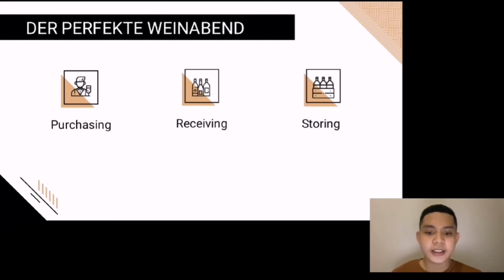Receiving. The receiving process entails matching the products ordered with those delivered. It also means ensuring that the products have arrived in good condition. This means checking the quantity and quality of the products delivered against the purchase order.